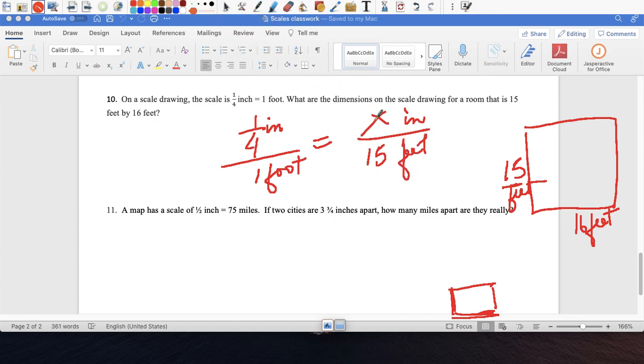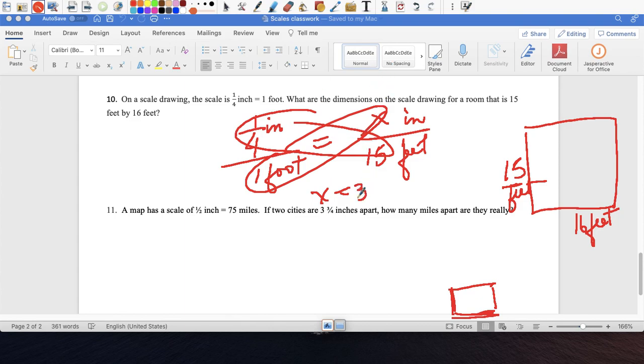Well, cross multiply. X times 1 is just x, and what's a quarter of 15? 15 times 0.25 is 3.75. So the 15 in my drawing will be 3.75 inches. Now we have to figure out the 16.